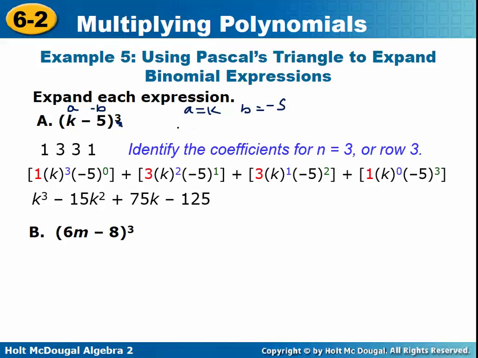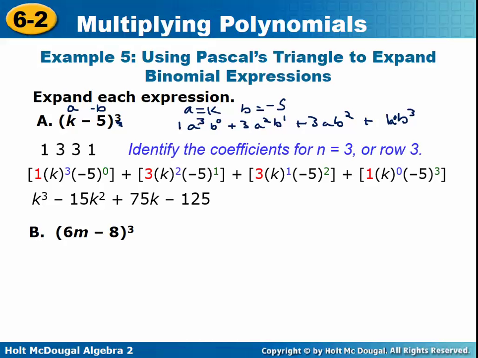And it's going to be 1a cubed. And if you want, you can do b to the 0, but that's just 1. Plus 3a squared b to the 1 plus 3ab squared plus 1b cubed. And you could write a to the 0 here if you wanted.